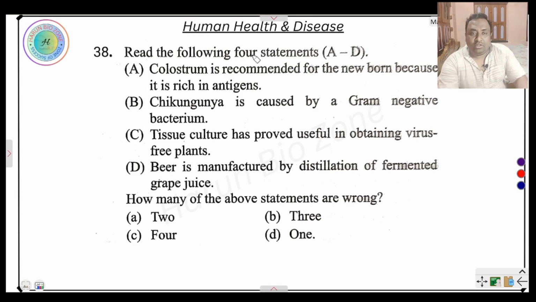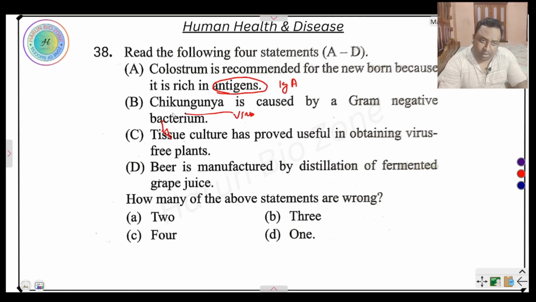Read the following four statements. Colostrum is recommended for the newborn because it is rich in IgA, not antigen. Chikungunya is caused by a virus.